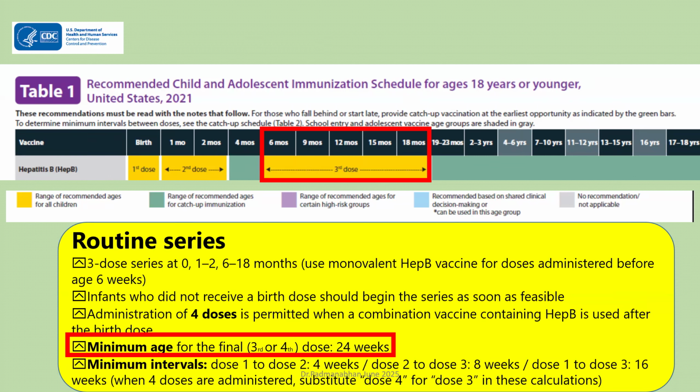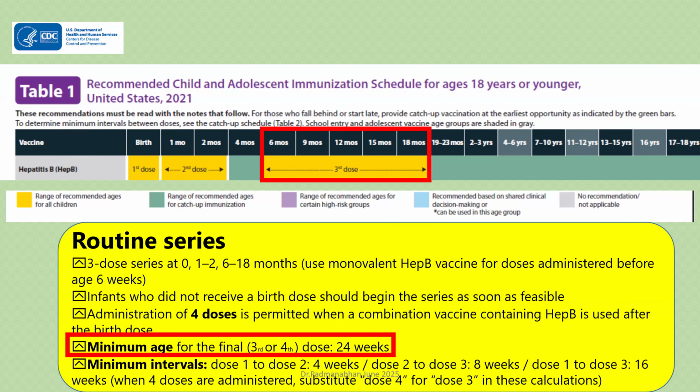Now, the routine series, please read what is given here. Three dose series at 0, 1 to 2 and 6 to 18 months. Use monovalent Hep B vaccine for doses administered before age 6 weeks. Infants who did not receive a birth dose should begin the series as soon as feasible.